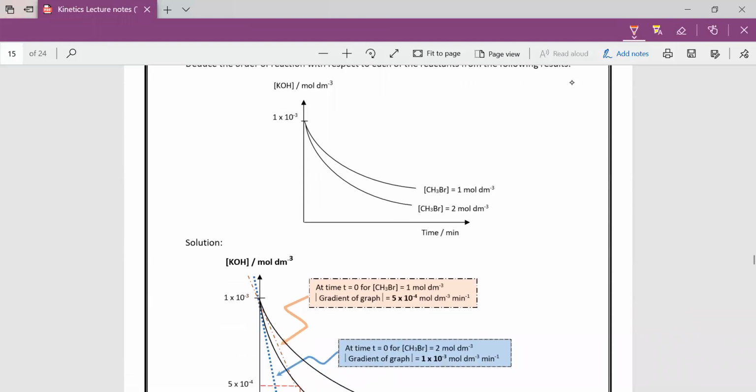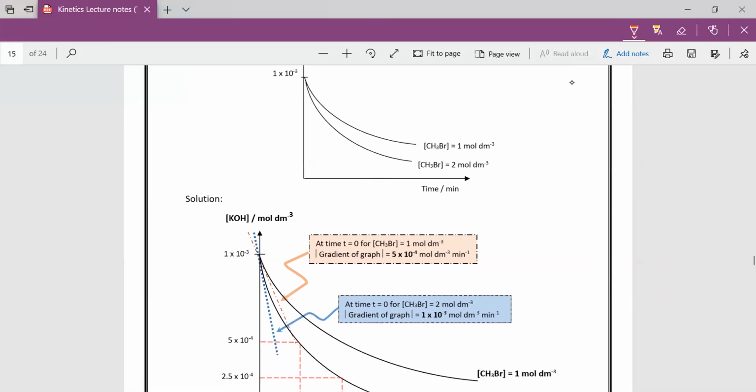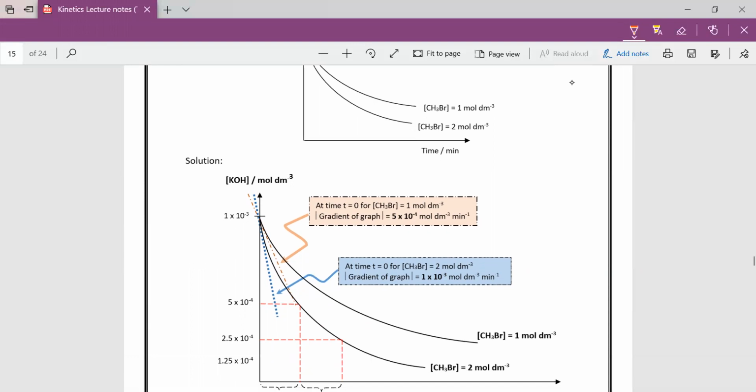Okay, so at time equal to 0, if you draw a tangent at t equal to 0 for both curves, you realize that the gradient is basically half. The gradient is half when the concentration is half.